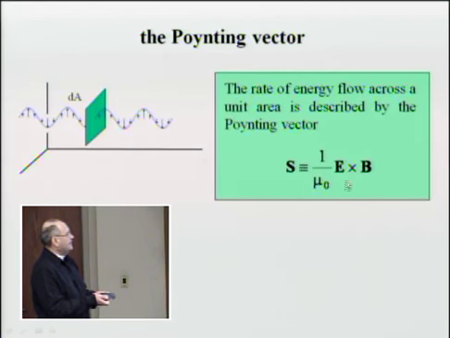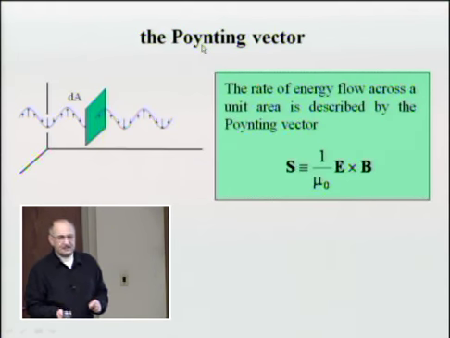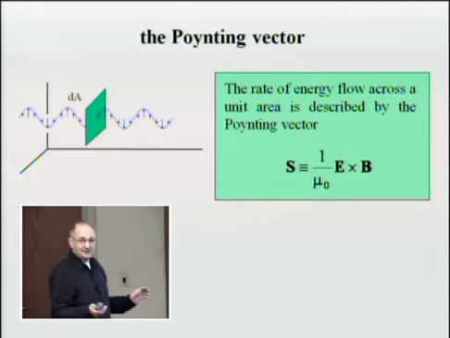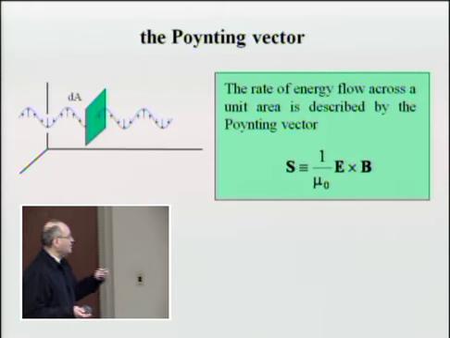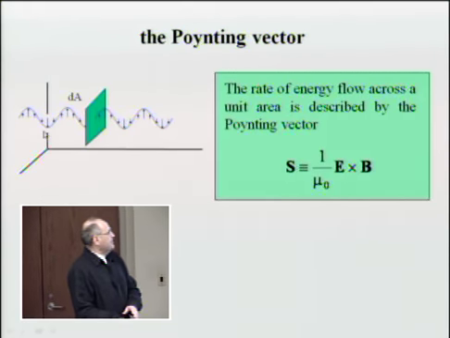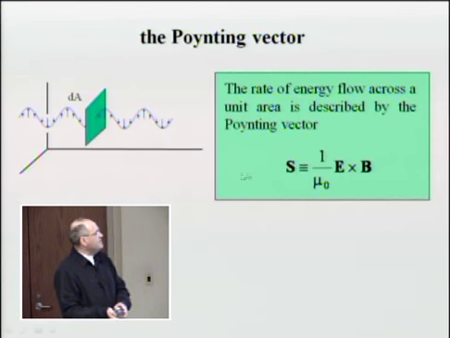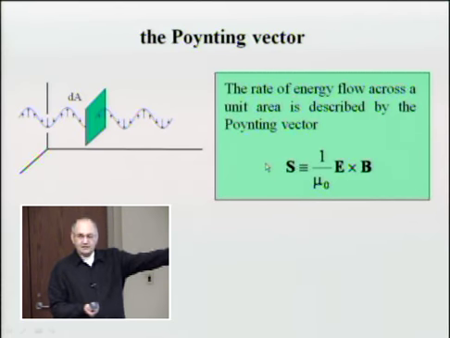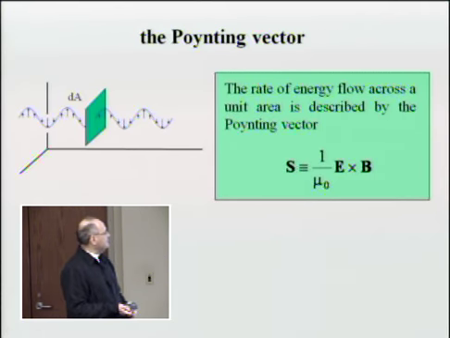This vector, which we refer to as the Poynting vector, and it's spelled with a y over here, so it does not point at anything. It's a coincidence that it sounds like it is pointing somewhere. Now, this vector says simultaneously at what rate the energy flows and in which direction.